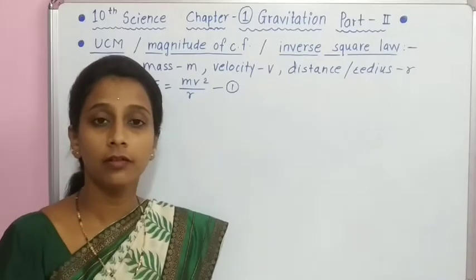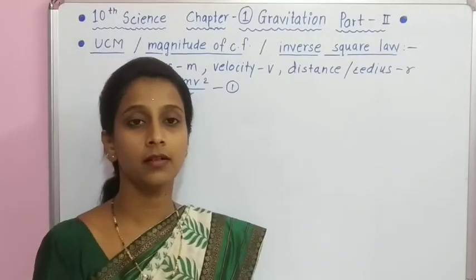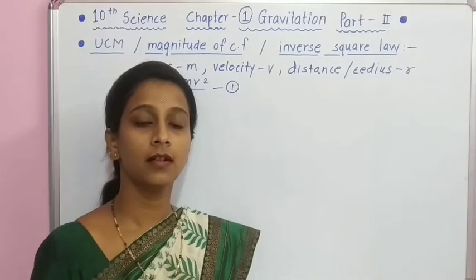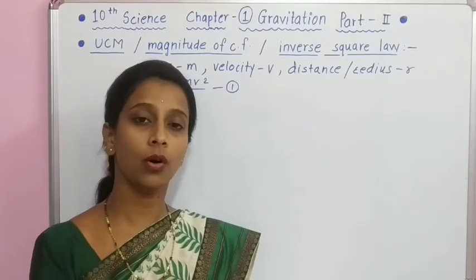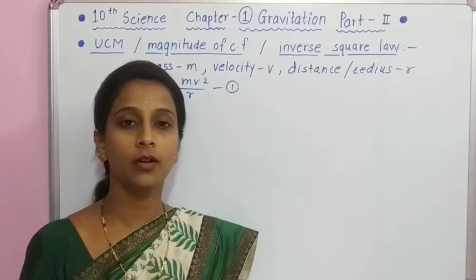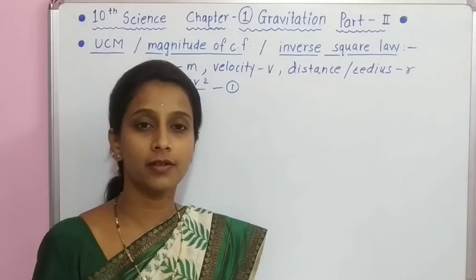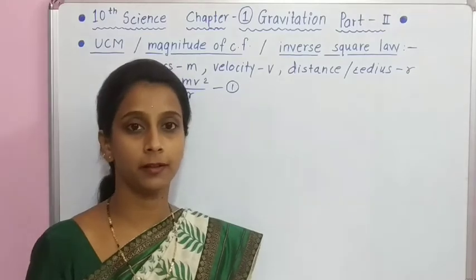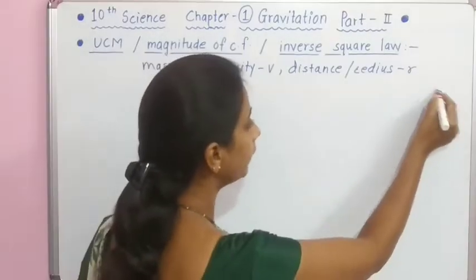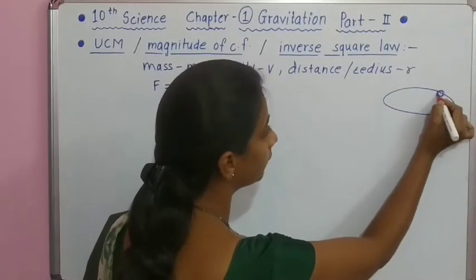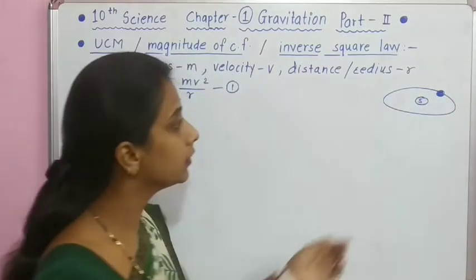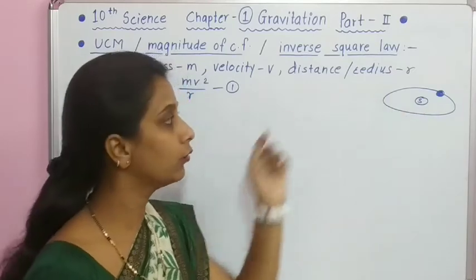Now students, we know that planets are revolving around the sun, and the sun exerts the centripetal force on all those planets, so that all the planets move constantly in their orbit, in their path. Suppose here a planet is revolving around the sun.